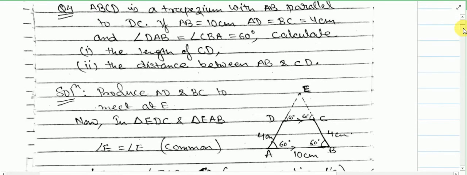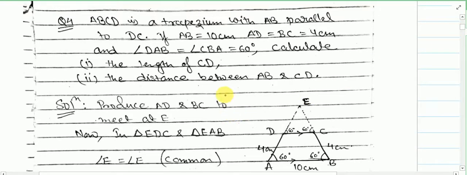So here is the figure, where ABCD is a trapezium. Okay, so let me draw over here.